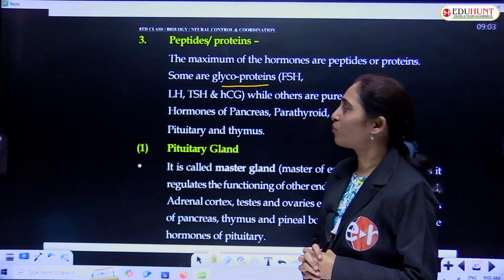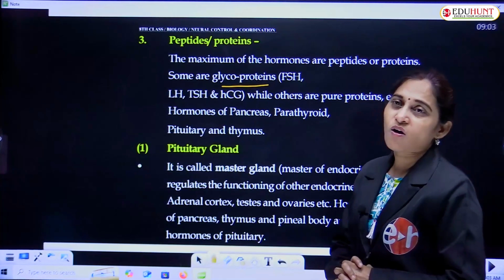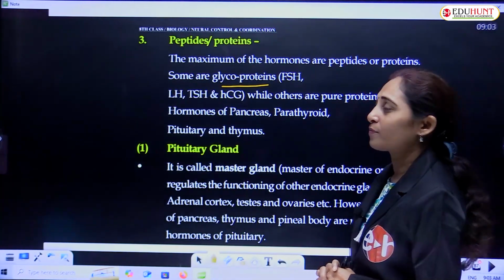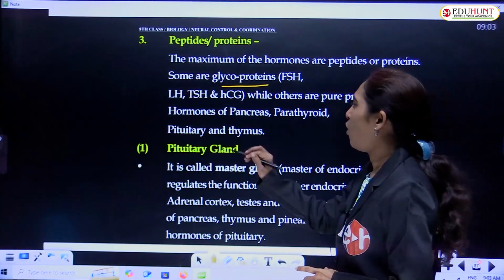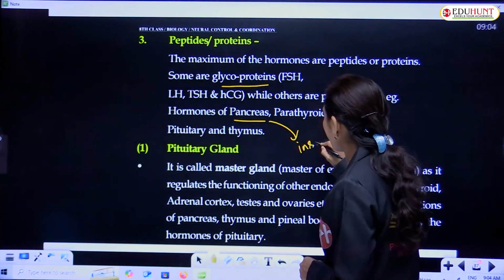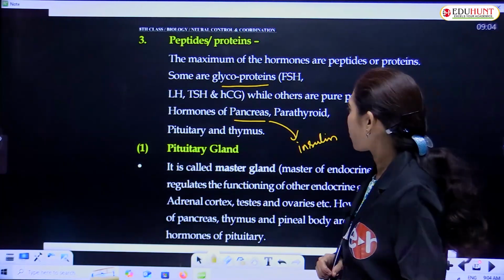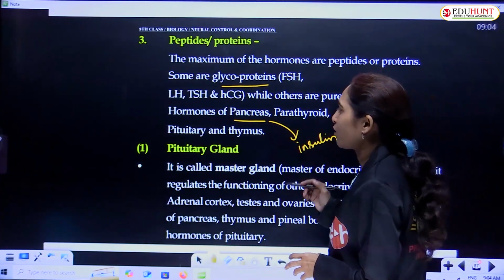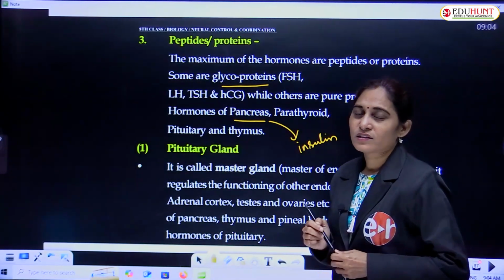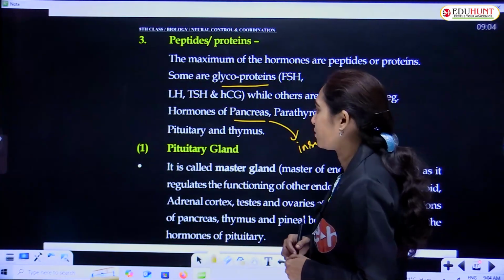Follicle stimulating hormone, luteinizing hormone, TSH, and HCG are all glycoprotein hormones, while others are pure proteins. For example, hormones of the pancreas, for example, insulin. Insulin is a purely proteinaceous hormone, and so are hormones of the parathyroid, pituitary and thymus. These are the structures which release hormones proteinaceous in nature.